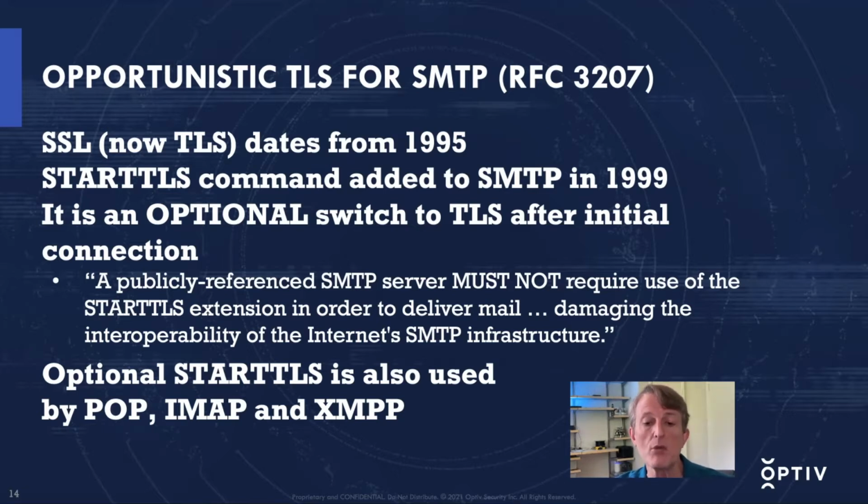Unlike HTTP, where you connect to a different port and do the TLS negotiation right up front before any HTTP transactions, SMTP uses a single port, port 25, and you optionally switch to TLS using a command. And in fact, the specification says that you're not supposed to require the use of STARTTLS because it's considered a virtue that email can be sent unencrypted.